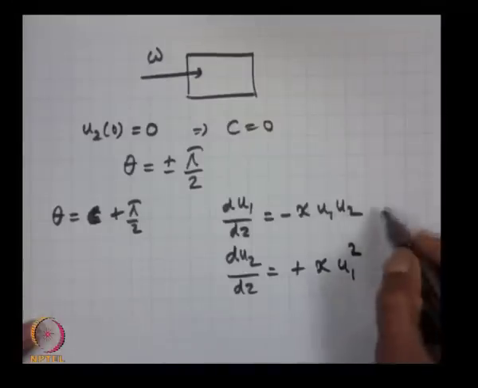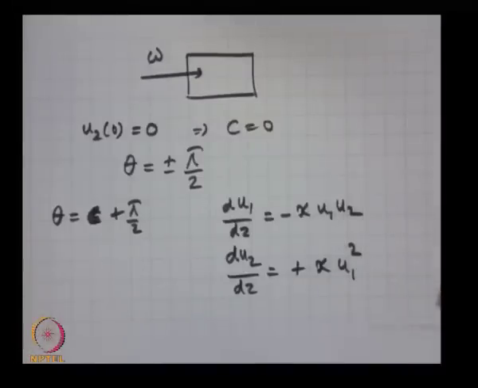And so du1 by dz is negative and du2 by dz is positive, which means that from z equal to 0, the fundamental wave will go down in amplitude and the second harmonic will increase. du2 by dz is positive, so u2 will increase with z and u1 will decrease with z.